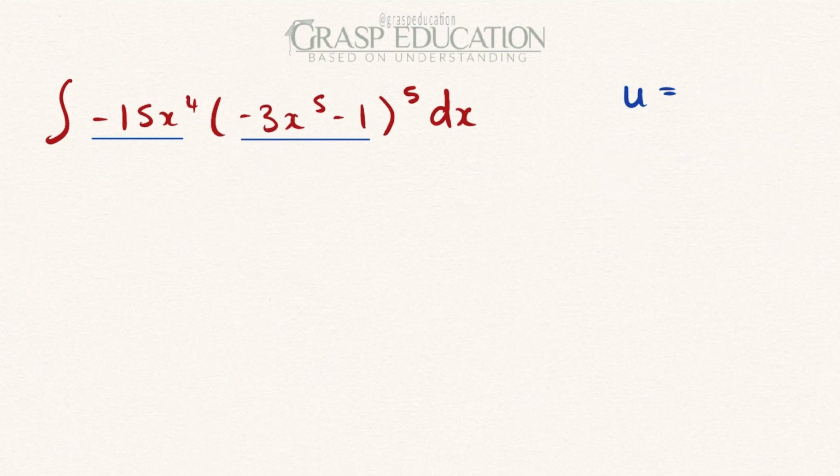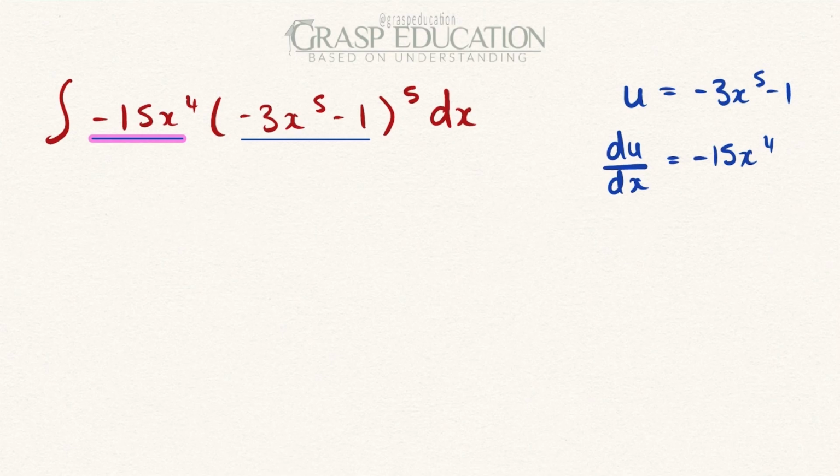So what we will do is choose minus 3x to the power 5 minus 1 as my u value and take the derivative of this with respect to x, and I would get minus 15x to the power 4. This is exactly what we have in my first part of my expression.